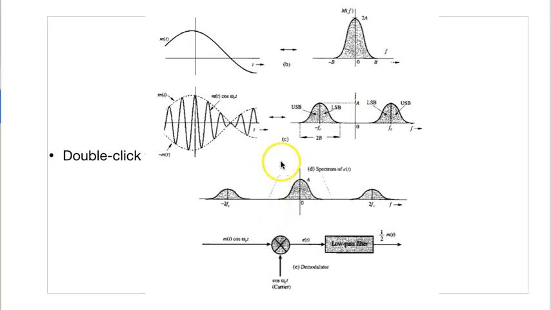At the output, this is the spectrum that I was talking to you about earlier, the spectrum near the low frequency, the zero of the spectrum, if you can remember. I think you can. And this is the process by which we demodulate.